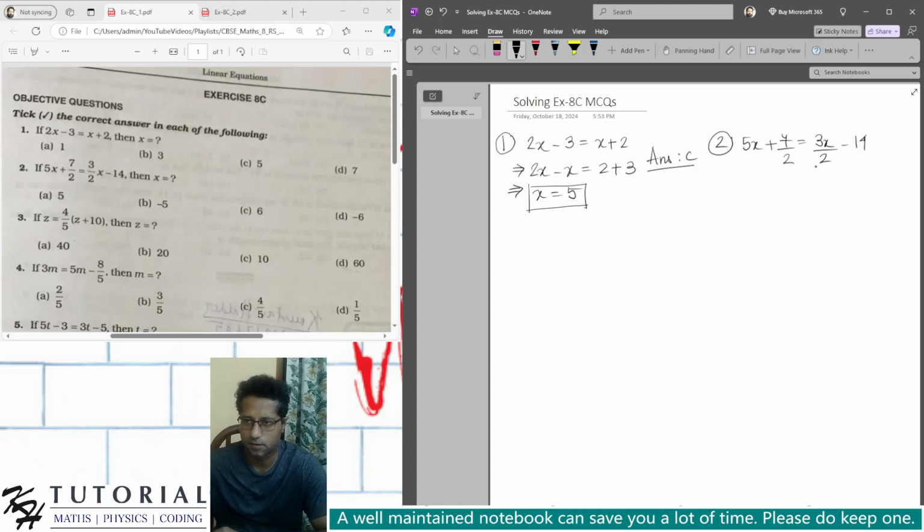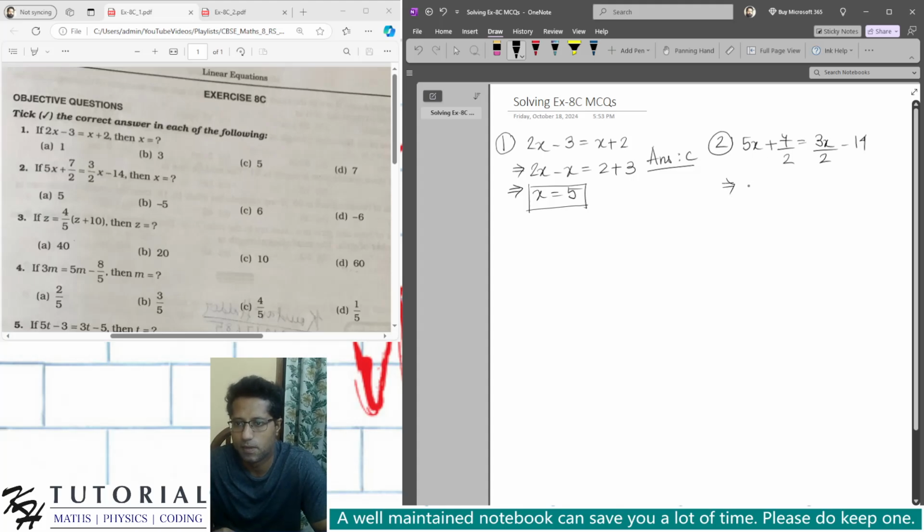Both the rational terms have denominator 2. So we will multiply both LHS and RHS of the equation by 2. So we get 2 multiplied by LHS, that is 5x plus 7 by 2, is equal to 2 times RHS, that is 2 times 3x by 2 minus 14.